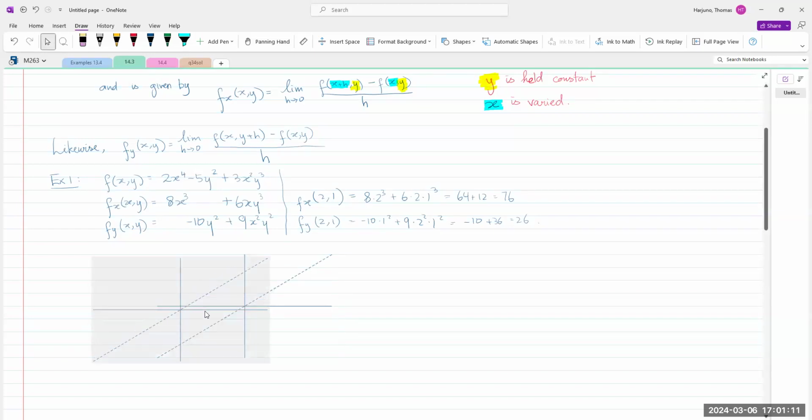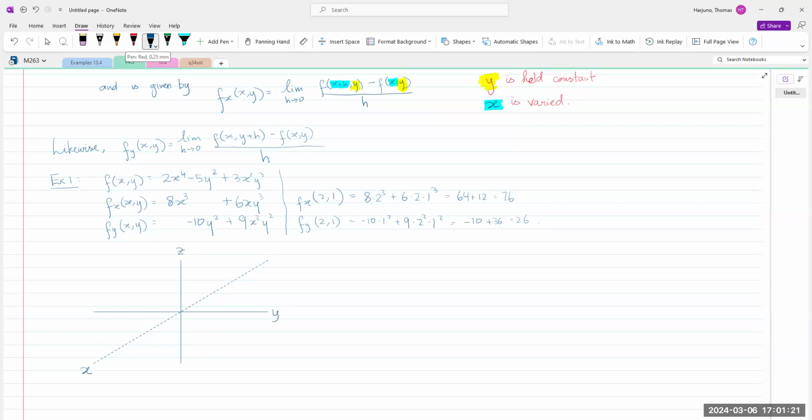Suppose we have that x, y, z coordinate system. And then I have a surface, so a function z equals a function of x, y.